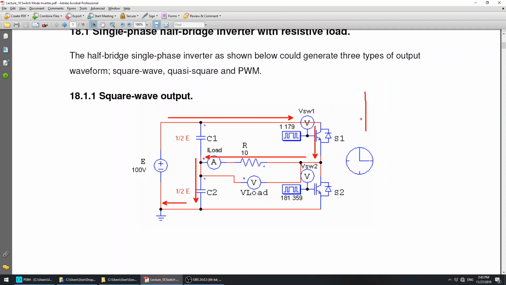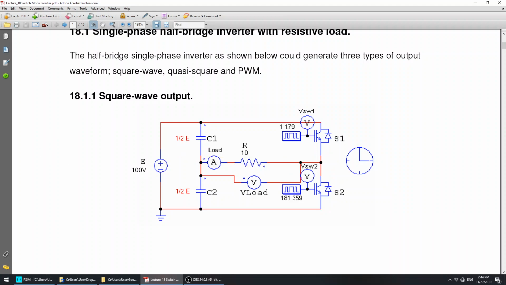It will be a positive voltage whenever S1 is on, and whenever S2 is on, the path of current will be through C1 and then through the load in the opposite polarity, come to S2 and finally come back to the supply voltage. So in this case, you're going to have a negative voltage across your output, right?